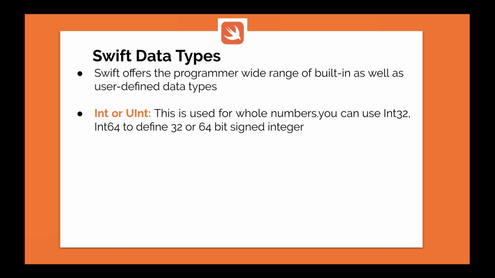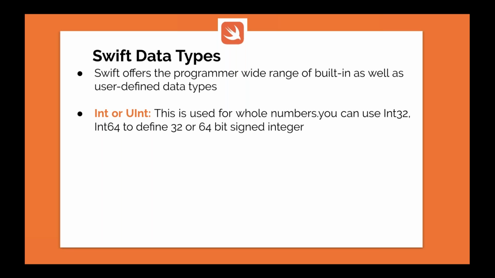If I deploy the same application on high-end devices like iPhone 8, iPhone X, iPhone 11, or iPhone Max, then it is going to take 64-bit size. That means it's completely hardware dependent. So whenever you create an Int or UInt, depending on your hardware compatibility, the compiler will generate the specific size.